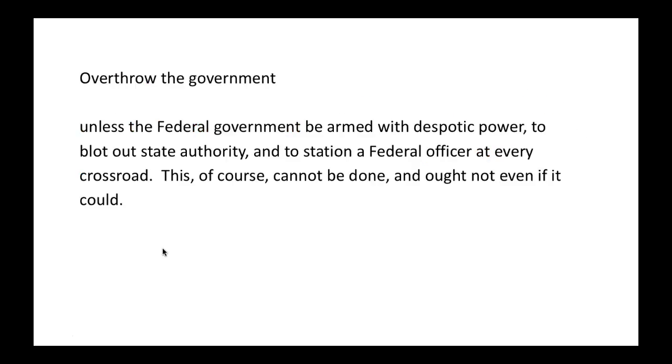The tricky part of this question is it seemed like he was saying that we should overthrow the government because he said, unless the federal government be armed with despotic power to blot out state authority. However, he states that we should not do this when he states this, of course, cannot be done and ought not even if it could. So unless you read closely, you might not have noticed that, and you might have chosen overthrow the government as your answer.